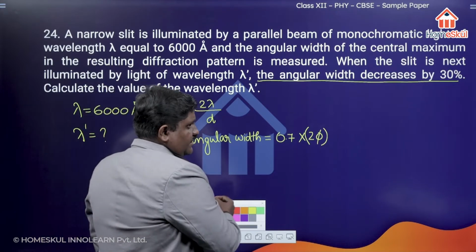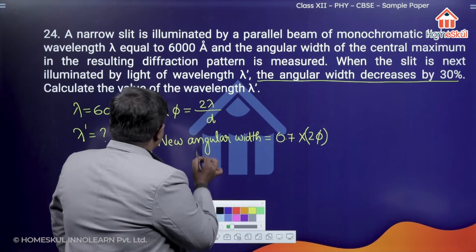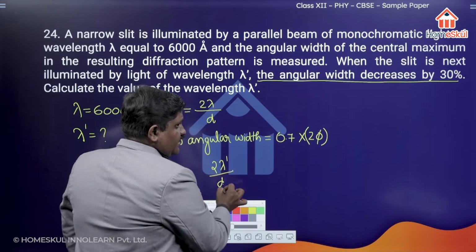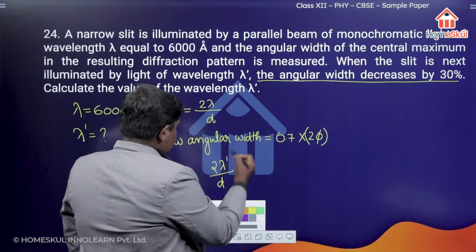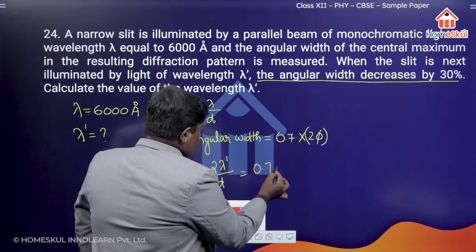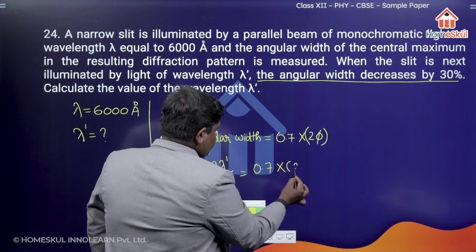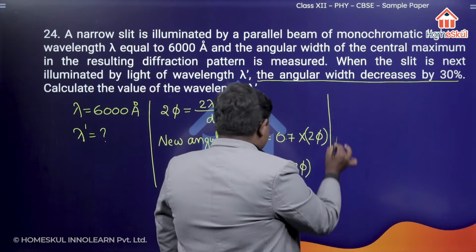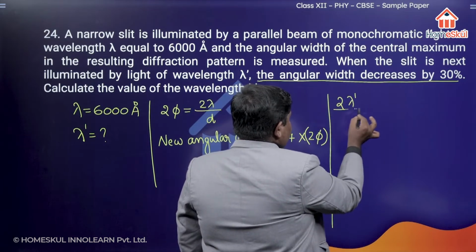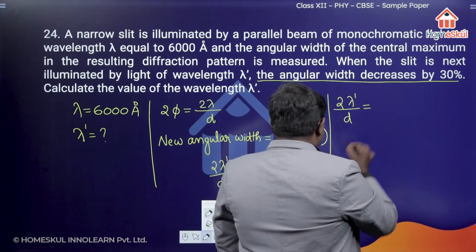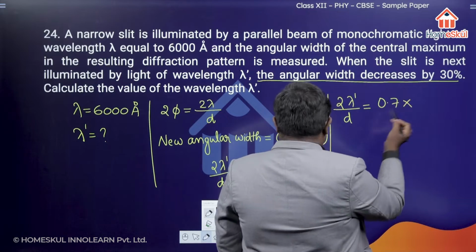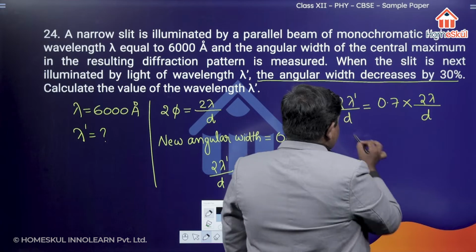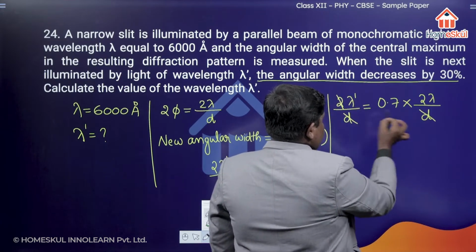Now we have to calculate lambda dash, right? So 2 lambda dash by d is equal to 0.7 into 2 phi, that is 2 lambda by d. So d and d get cancelled, 2 and 2 get cancelled.